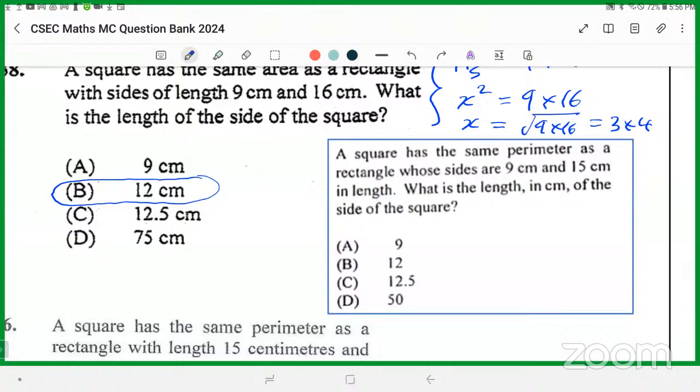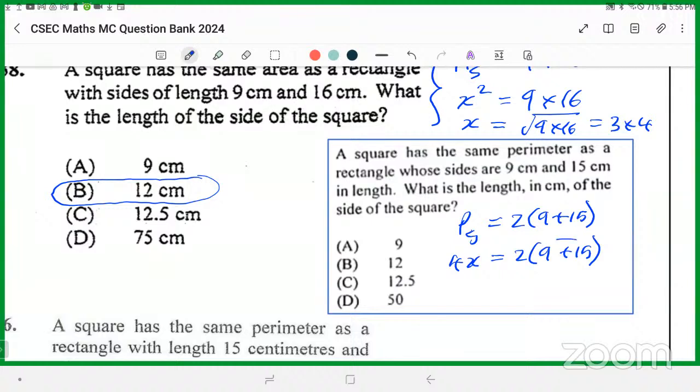The perimeter of the rectangle is 2 times the sum, 2 times 9 plus 15. But what they're asking for is the length of the side of the square. The perimeter of the square, you can call it 4x, where x is one side, equals 2 times 9 plus 15.